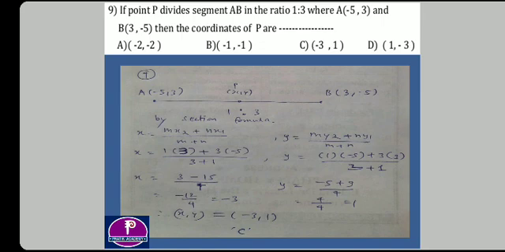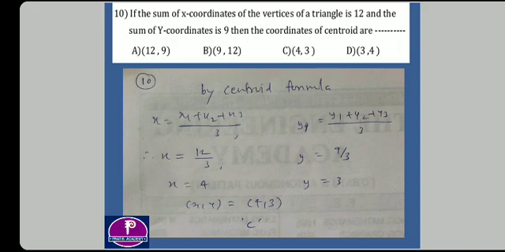So option is C. Next, if the sum of the x coordinates of the vertices of a triangle is 12 and the sum of the y coordinates is 9, then find the coordinates of the centroid. So use the centroid formula. x is equal to (x1 plus x2 plus x3) upon 3, y is equal to (y1 plus y2 plus y3) upon 3. Putting the values, we get x is equal to 4, y is equal to 3.